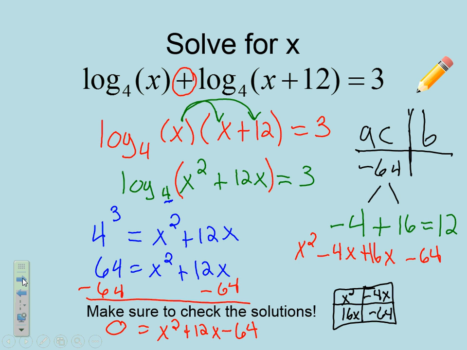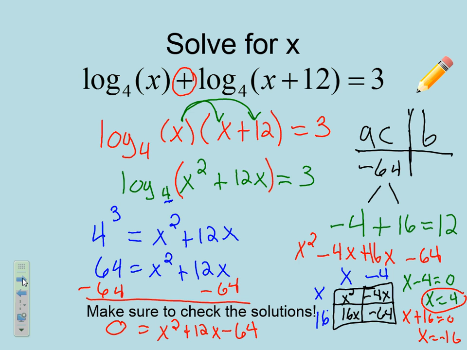We're going to take the greatest common factor here. So I have negative 4x. Here I'm going to get x. Here, oops, sorry, this one should be 16. Sorry, ladies and gentlemen. 16. This one over here is negative 4. So I have two equations here. I have x minus 4 equals 0, so x equals 4. And I have x plus 16 equals 0, so x equals negative 16.